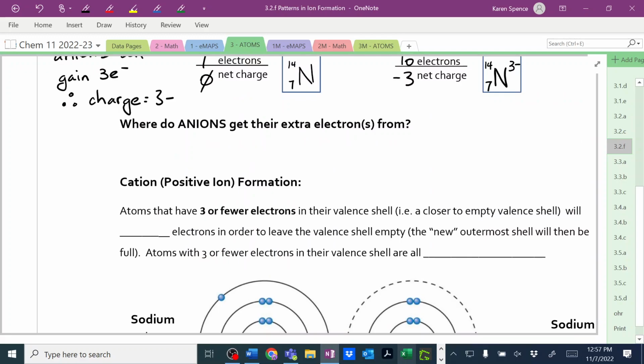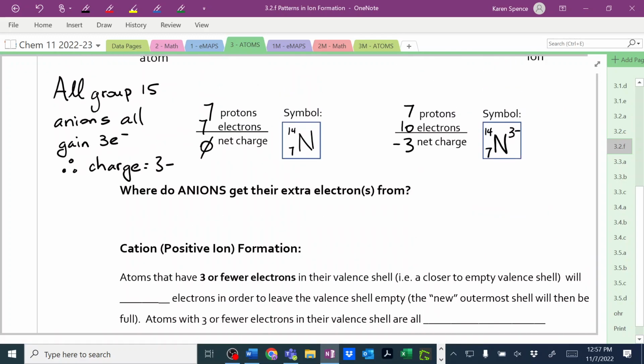So, where do anions get all those extra electrons from?